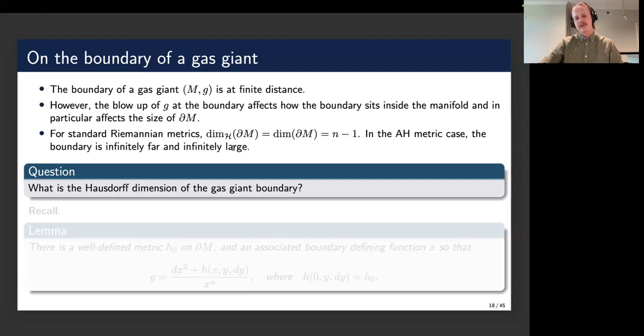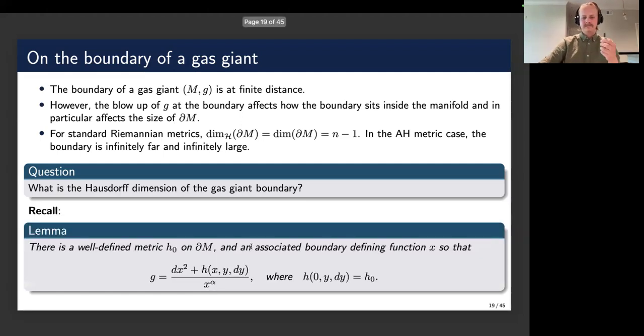And in the asymptotically hyperbolic case, this is a weird question, because it's not even clear what the metric on the boundary should be, because it takes infinite time to reach the boundary. So let's say that the boundary is infinitely far, and also infinitely large. But now in this gas giant case, we should lie somewhere in between. So we can expect that something cool happens.